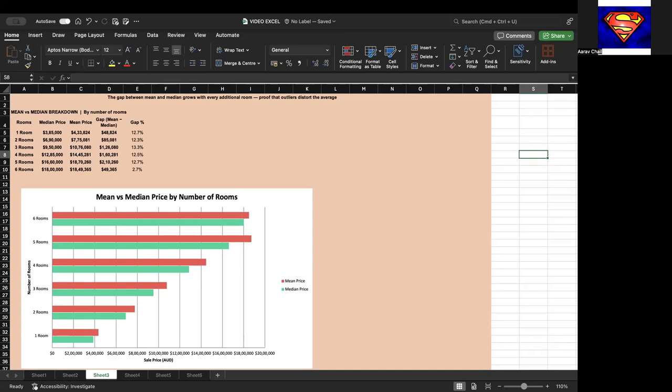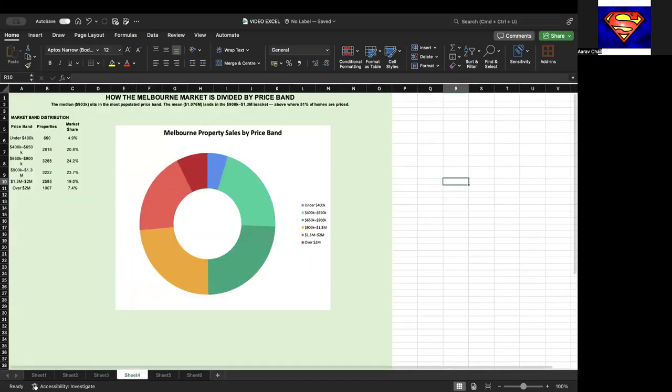To understand where most buyers actually sit, I grouped sales into price bands. This chart shows how transactions are distributed across different price levels. The largest share of sales falls in the middle part, especially between $650,000 and $1.3 million.